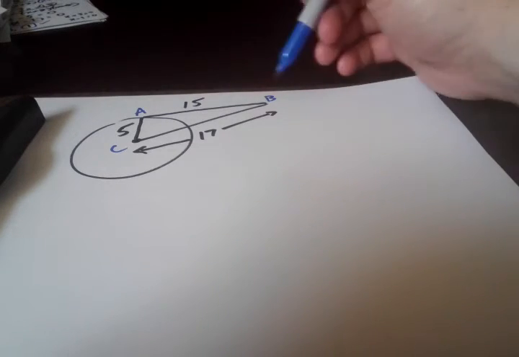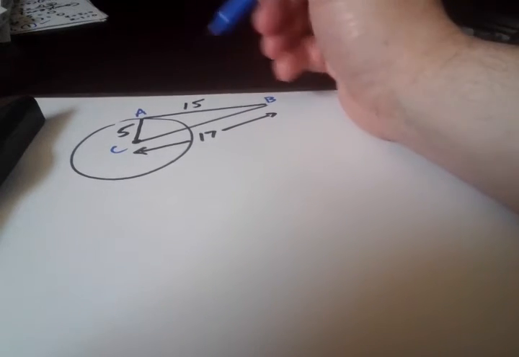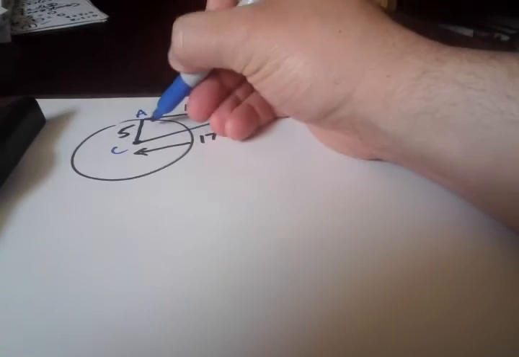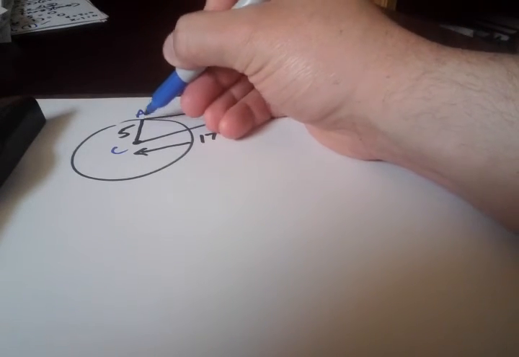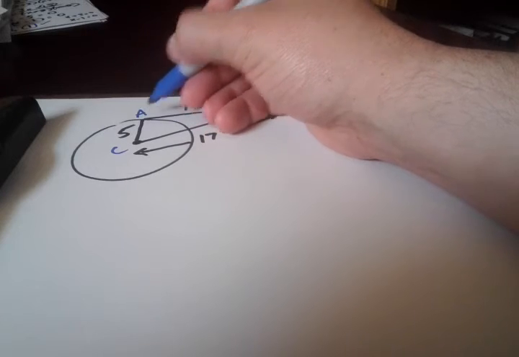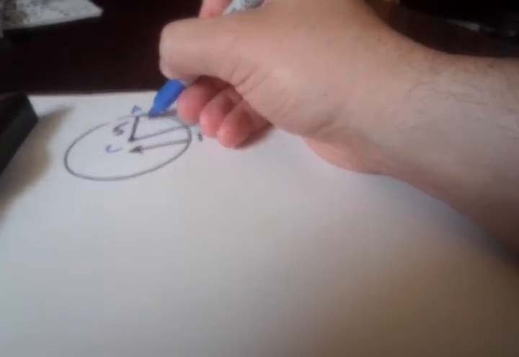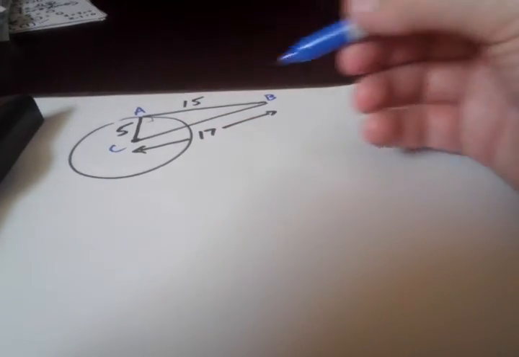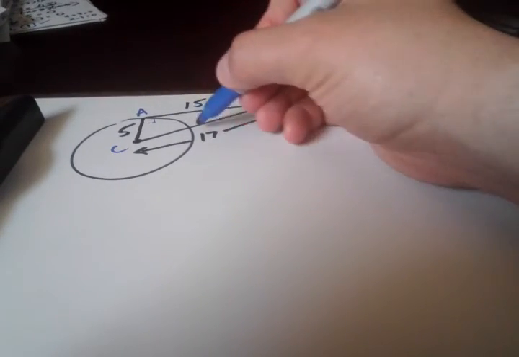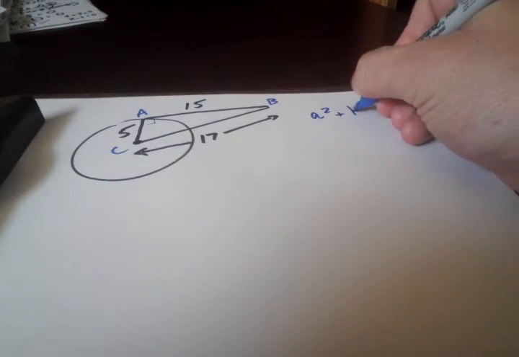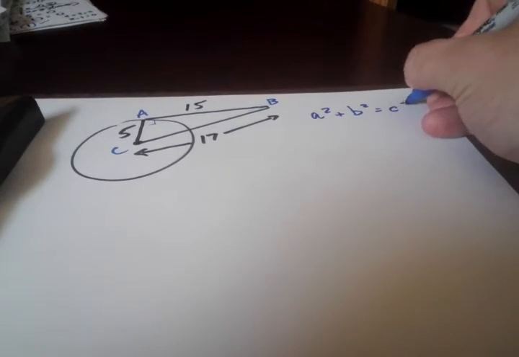Reminder, if AB is in fact tangent, then this angle should be 90 degrees, right? It should be 90 degrees at the point of tangency, point A. So if this was the right angle, that would make 17 the hypotenuse, right? So we have A squared plus B squared equals C squared.